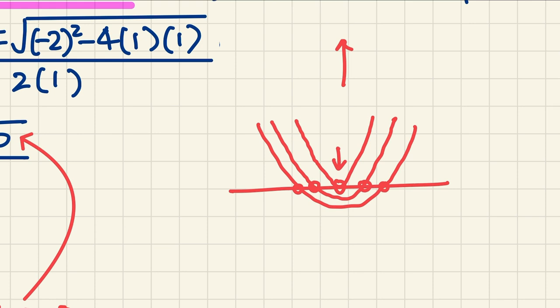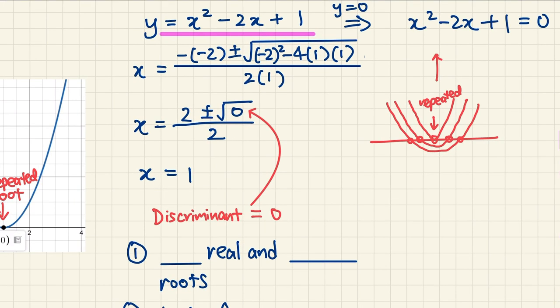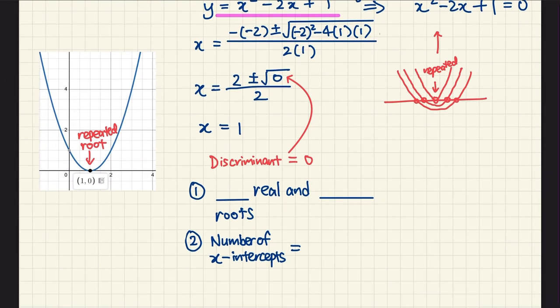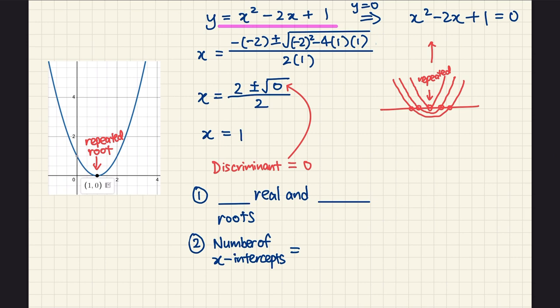So if I solve for the x-intercept, I only get one answer, but this answer came from it being repeated. Essentially it is like saying x equals 1 or x equals 1. However, we don't write it like this, so we usually just put x equals 1 itself. For the nature of roots, we say two real and equal roots, and for the number of x-intercepts, we say 1.